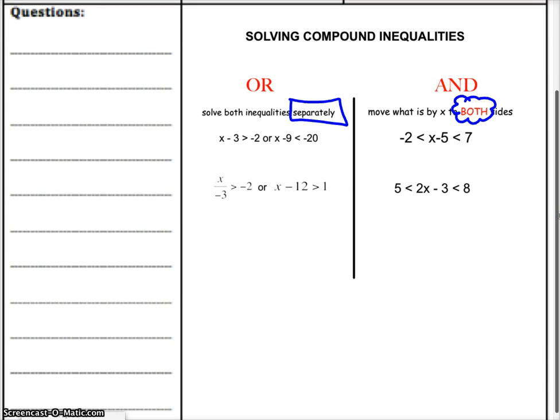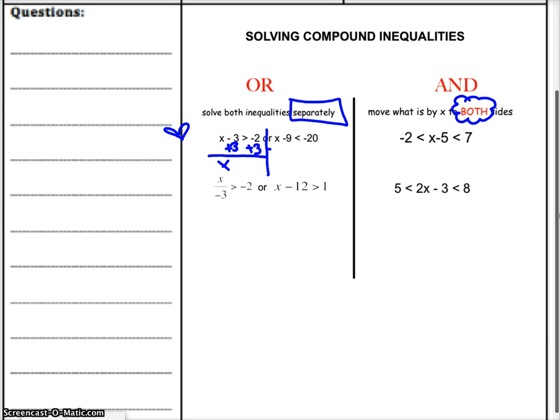This first or example here, I have x minus 3 is bigger than negative 2, or x minus 9 is less than negative 20. So how I handle this, I have two separate inequalities. So I'm going to solve both of them. So x minus 3, how do you move the minus? Yes. So I'm going to plus 3 to both sides.